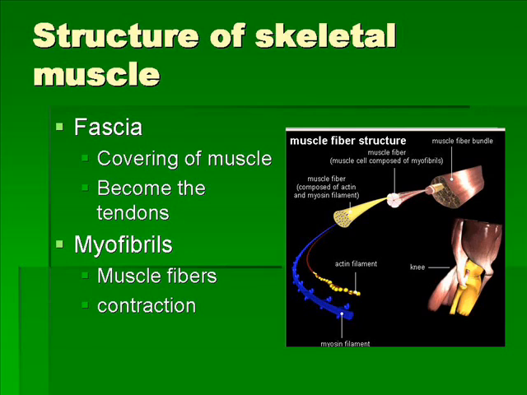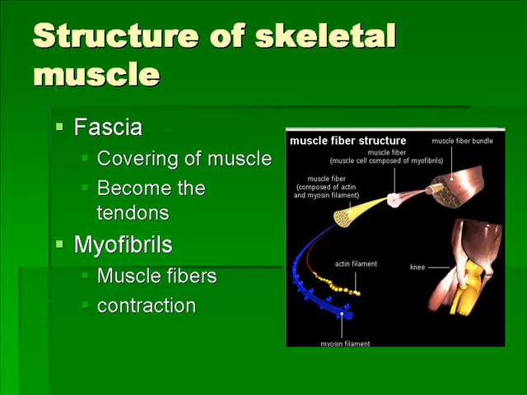Remember we talked about that earlier. So when you bend your arm, your radius, ulna, and humerus don't all pop apart from one another and start wiggling around all over the place and constantly pop out of joint. It's the tendons that hold it there and keep that joint stable when you're bending it and flexing it, all that good stuff. So, the fascia is very important, but only found with skeletal muscles.